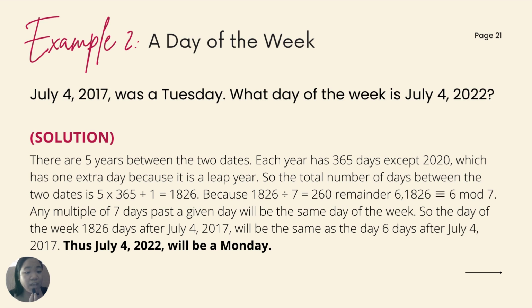So any multiple of 7 days past a given day will be the same day of the week. So the day of the week 1,826 days after July 4, 2017 will be the same as the day 6 days after July 4, 2017. So July 4, 2022 will be a Monday.